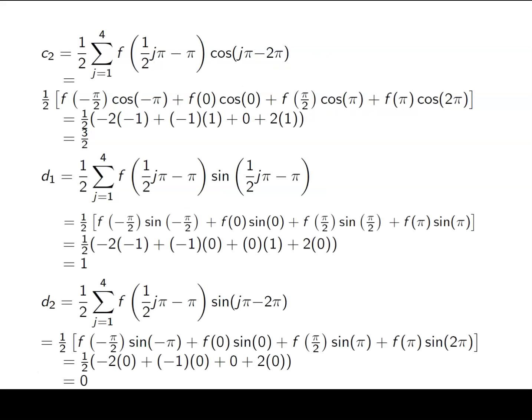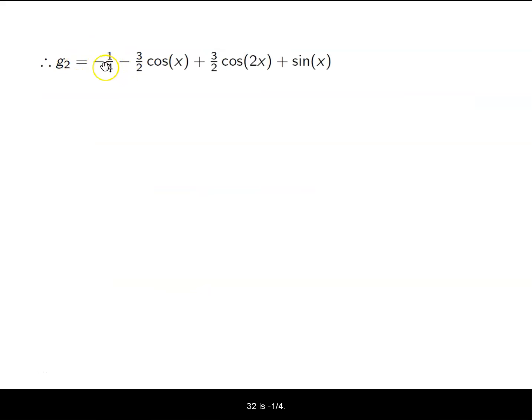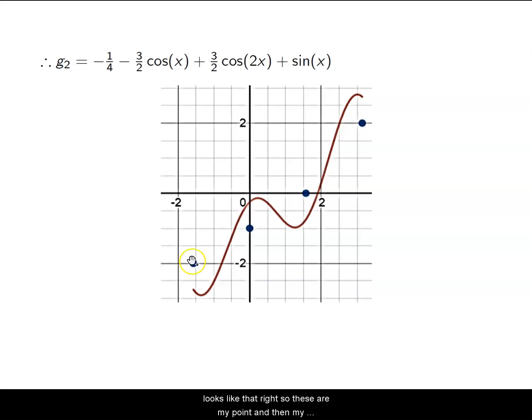All right, so G2 has C0, which is negative 1/4, then C1, C2. D1 was 1, there was no D2, and I'm just pairing them with their cosine or sine functions. And the graph of this looks like that.